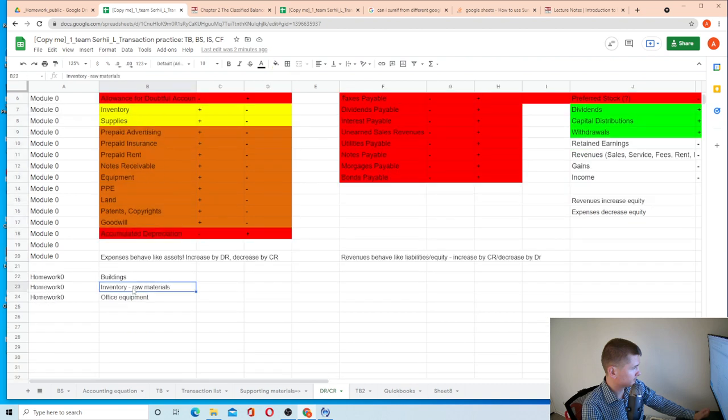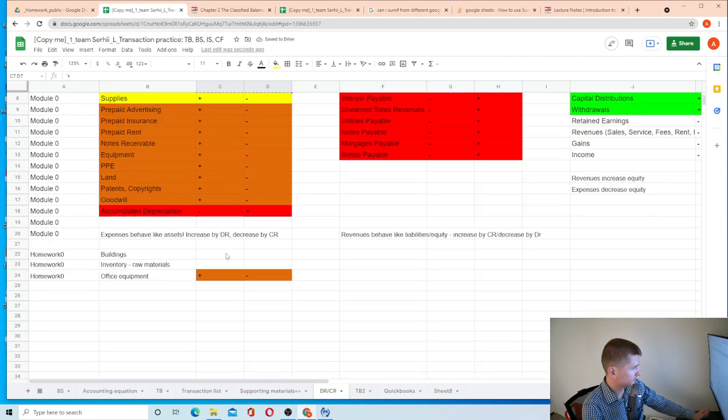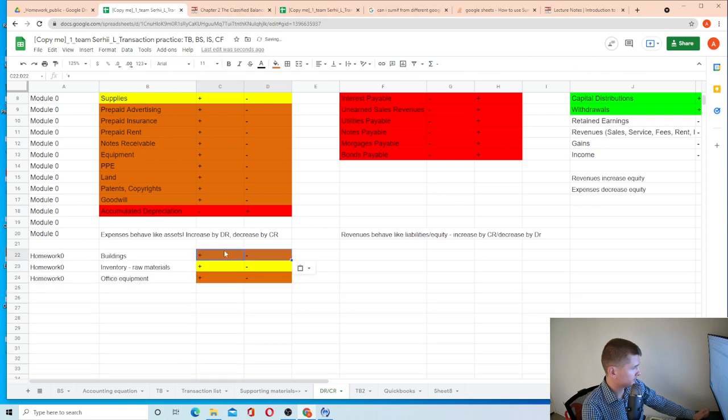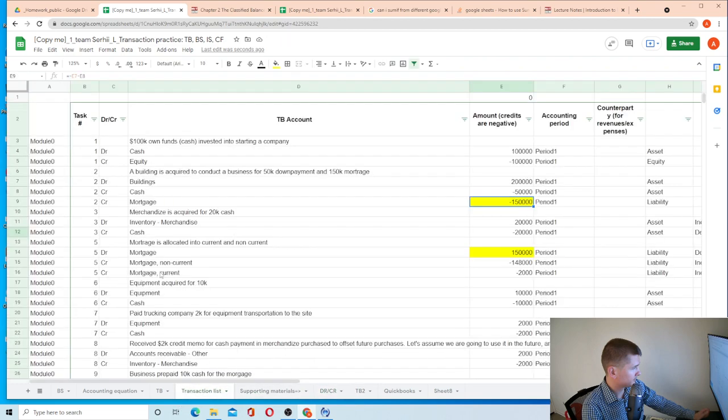So I saw in the homework there was an operation with raw materials, so I added a raw material account here, and also there was an operation with office equipment, so I added it as well. And as you can see, it is an asset account, so we can say that they should increase by debits and decrease by credits. That's pretty much it.